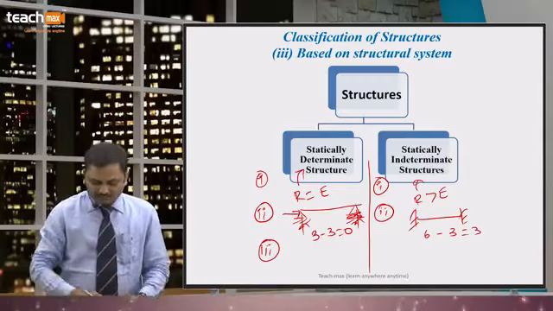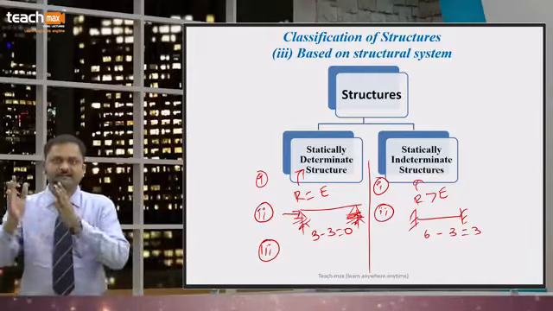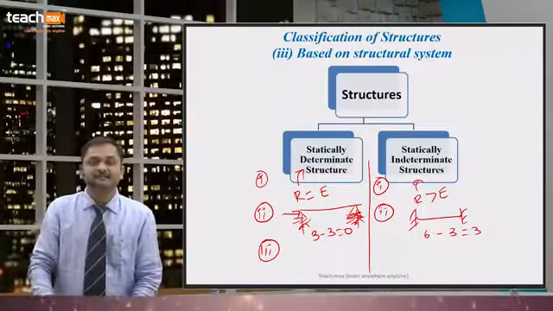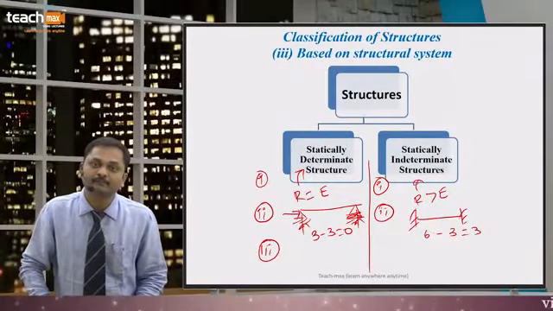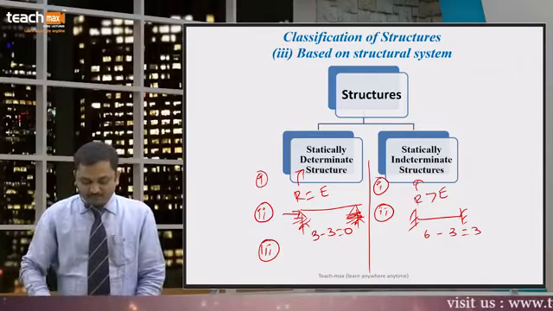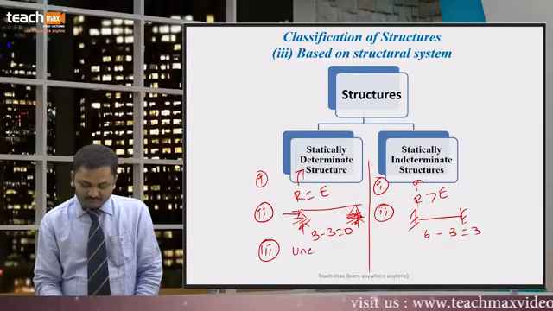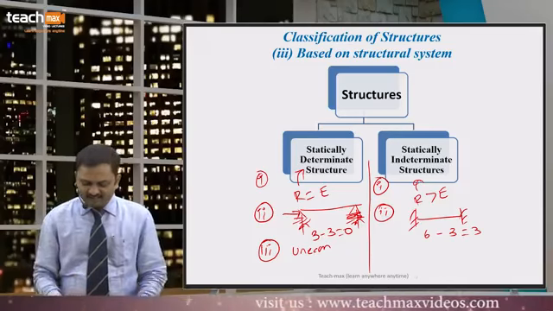Next, how can you differentiate statically determinate and indeterminate structures? This is very important. Practically, statically determinate structures are very difficult to construct, very difficult to make. So these are uneconomical. See, to prepare a roller support is a very difficult task.